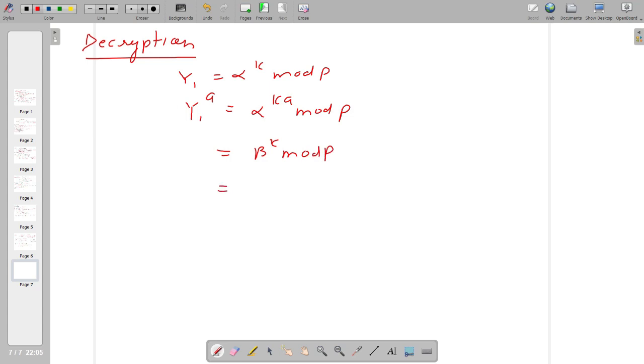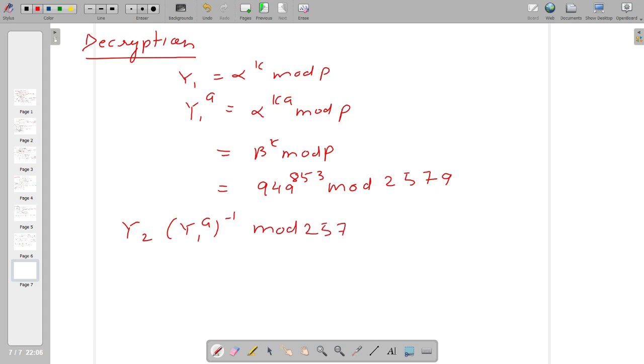So beta to the power k mod p means beta is 949, k is 853, mod 2579, and y2 times the inverse of that mod 2579 is going to give us x, the plain text.